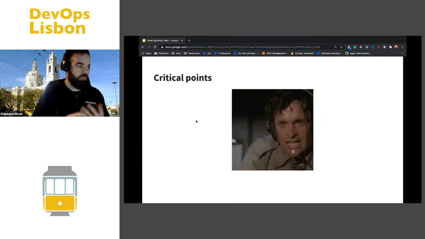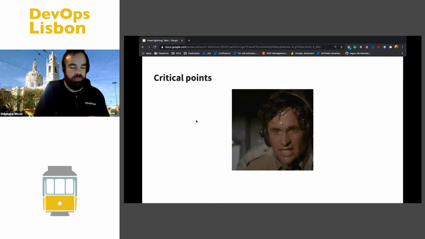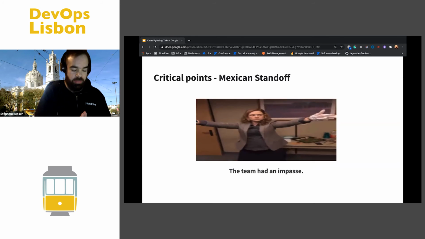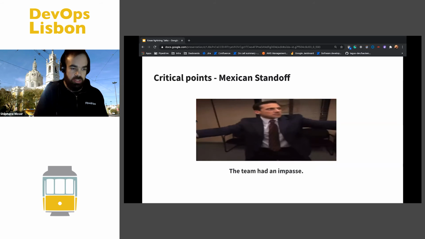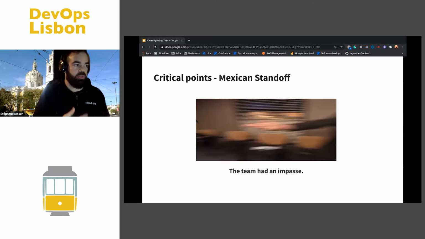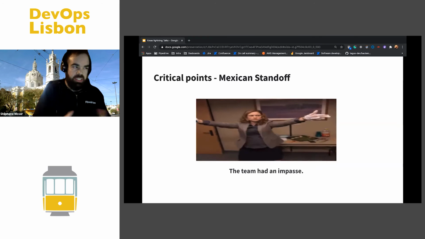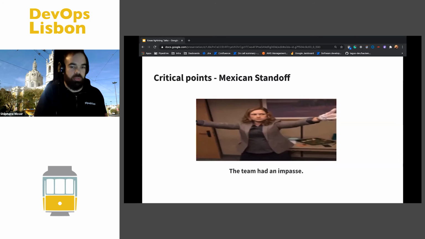At least I see some critical points and problems that we had. One of them was a funny one, a Mexican standoff that we had in the team. Basically, we were 3 engineers fighting about what was the best syntax for the tool. And we really didn't have any good arguments for why one solution was better than the other.